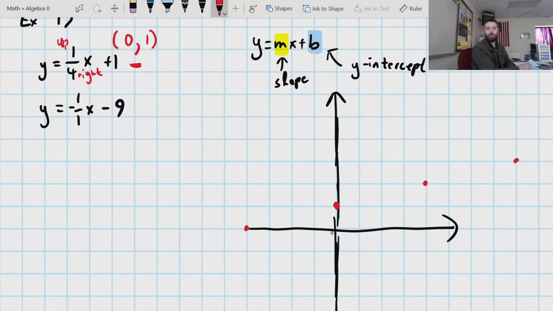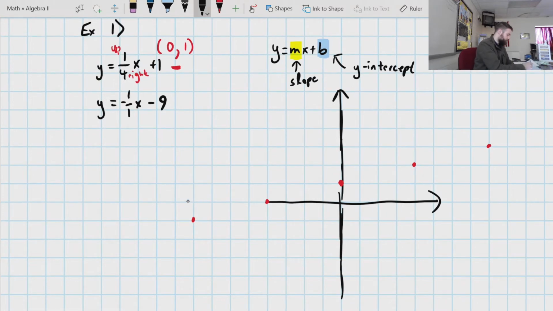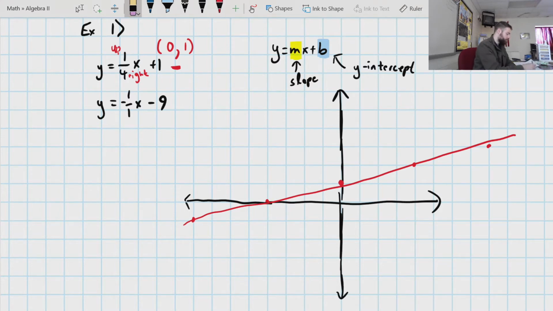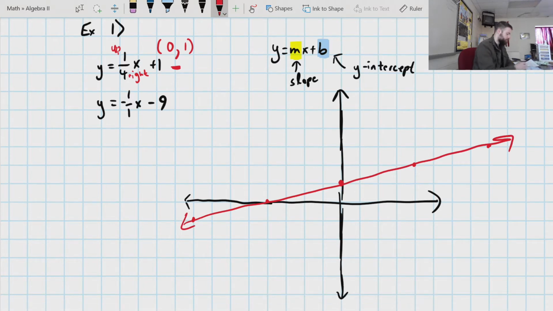If I want to go down 1, I can go left 4. Just the same situation in the opposite direction. Hopefully that's making a bit of sense to you. And that is the graph of the function.